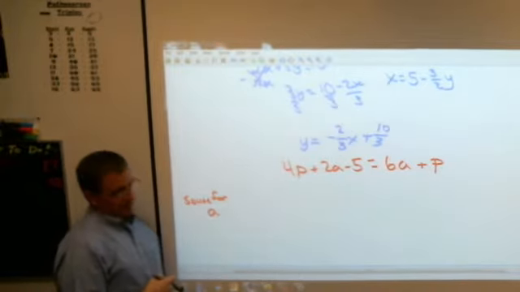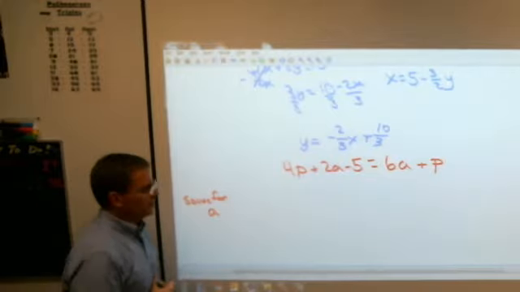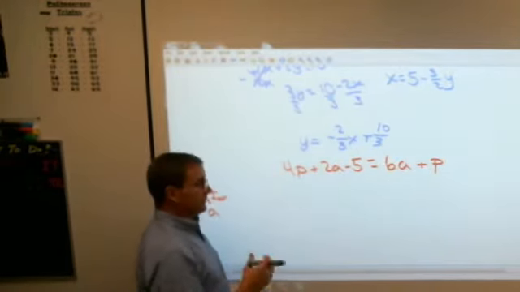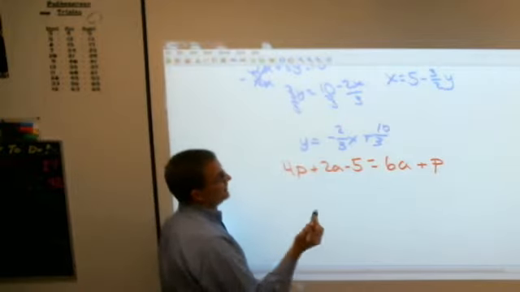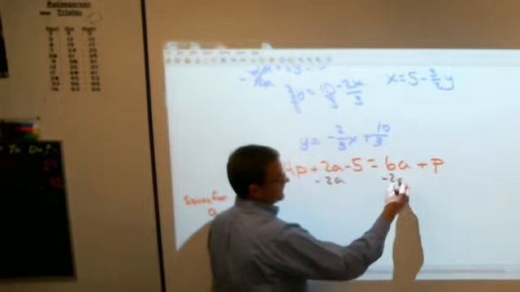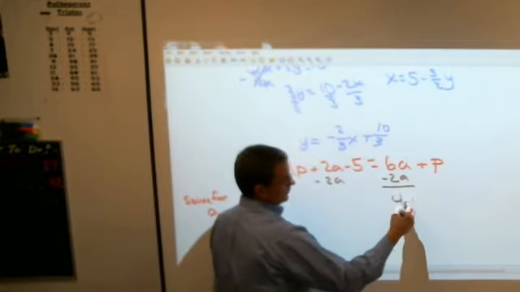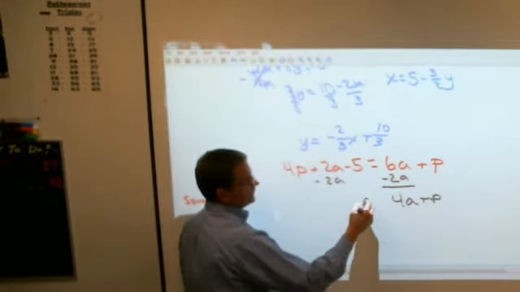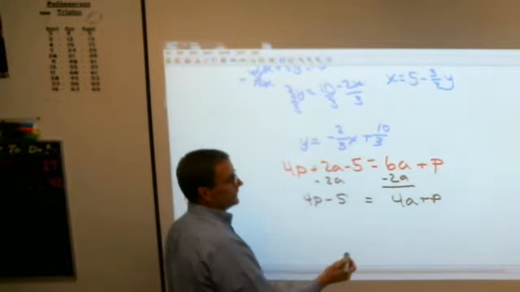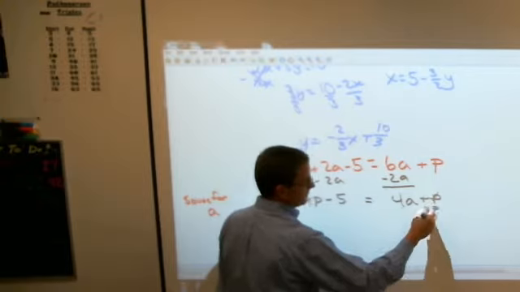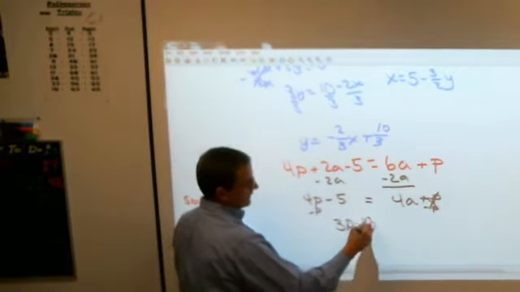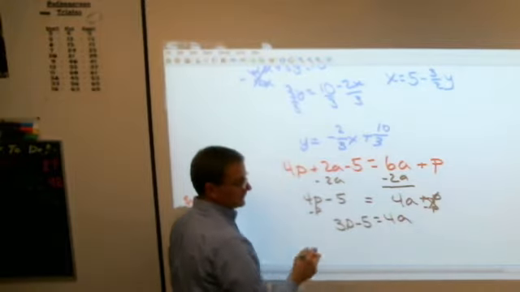By the way, there are multiple different ways you could go about this, but the first thing you want to do is put all your letters together that can be together, and it doesn't really matter how you do it. I would subtract my 2a because I want my a's to stay positive. So you end up with 4a plus p over here equals 4p minus 5 over here. Then I would subtract a p. So I get 3p minus 5 equals 4a.